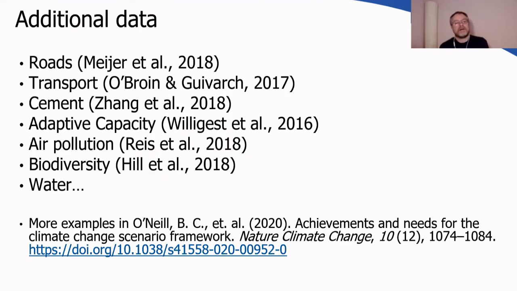Now, next to these basic drivers, there are also many additional data available from some of the extensions, also extensions that Chris talked about, and extensions that you definitely also see in the recent O'Neill et al. paper on the achievements and needs of the climate change scenario framework. Some noticeable additional data, which you often find in those papers, are on roads into the future, future transport scenarios and infrastructures, cement use into the future, and especially also adaptive capacity, air pollution, biodiversity, water.